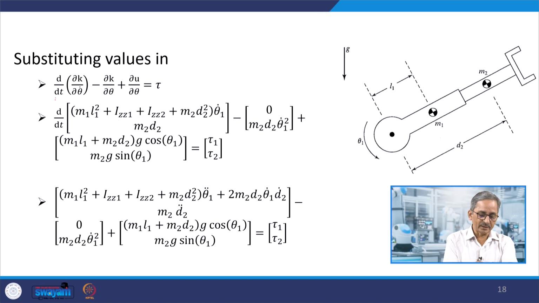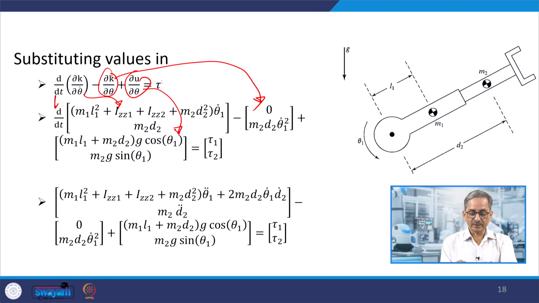Now I can substitute these values here. So, I have this d by dt term, which we have evaluated. This is the derivative here. The second term is this one, and my third term is this one. This is equal to tau 1 tau 2, and now I take the derivative of this one.